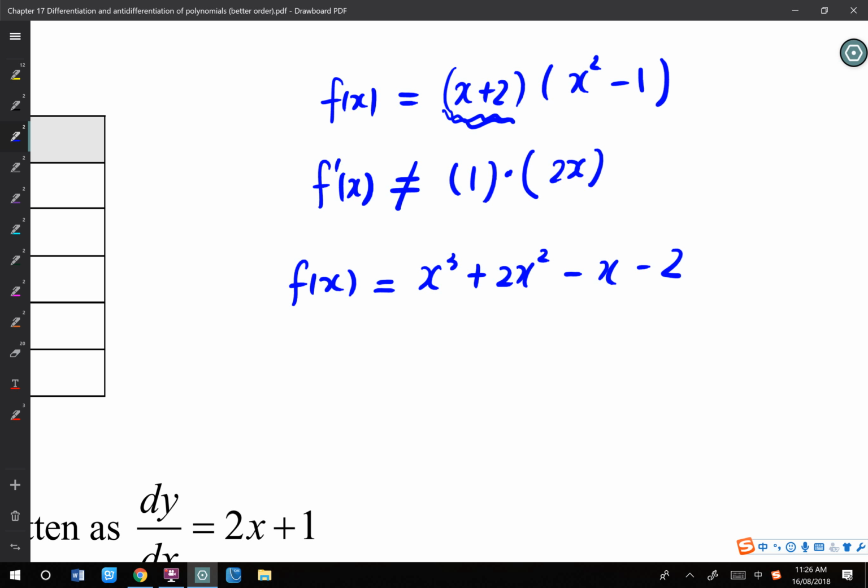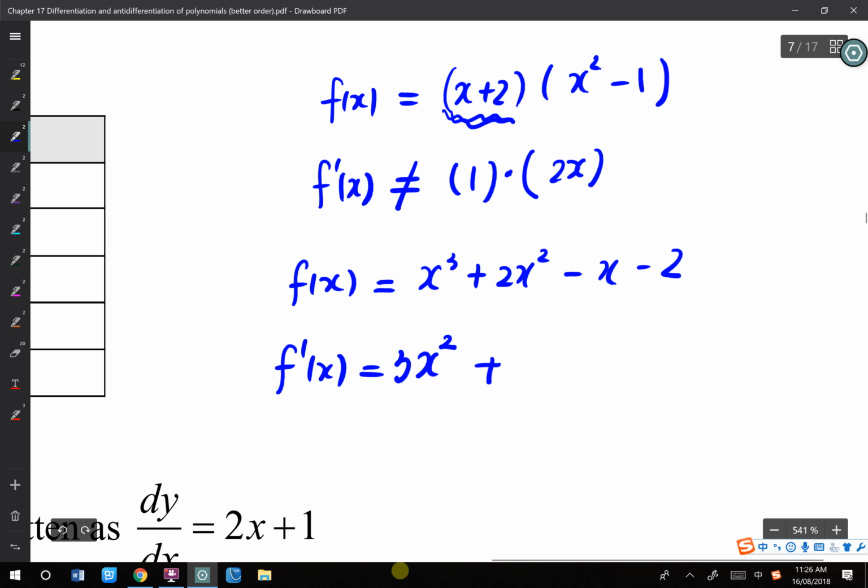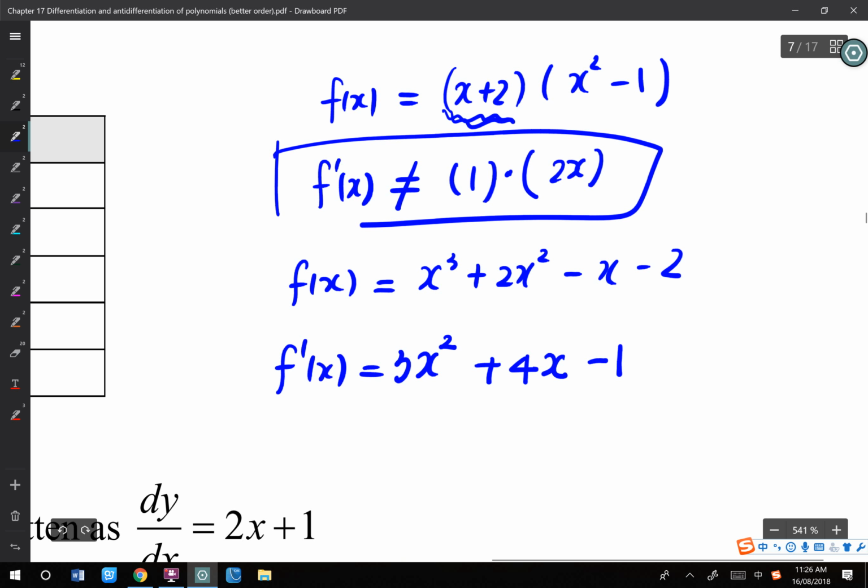And then f dash x is 3x squared plus, well, this 2 can come down to multiply with that 2, which becomes 4x. 2 reduced by 1 becomes 1, x. The coefficient of x is 1, so it's minus 1, and then the 2 becomes 0. Then the derivative should be that. And you can see this is different from that one. So the derivative cannot be found by deriving them separately and then multiplying them.